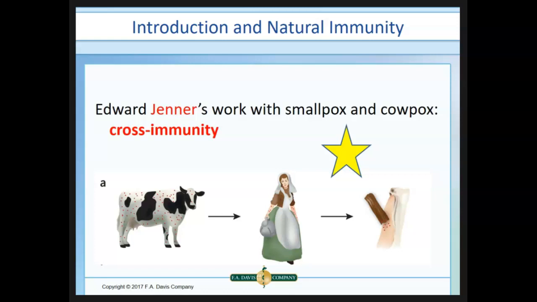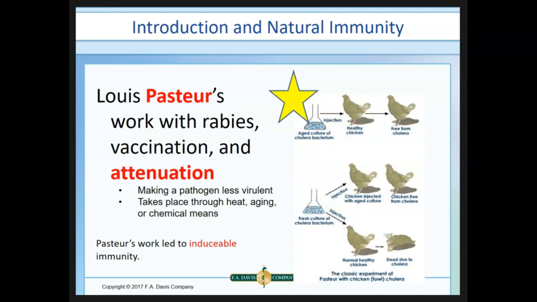His work led to cross immunity. That means that the milkmaids had cowpox, which gave them immunity to a worse disease, smallpox. So make sure that you can associate Edward Jenner and his work with cowpox and smallpox with cross immunity.